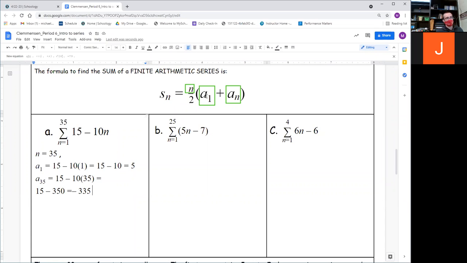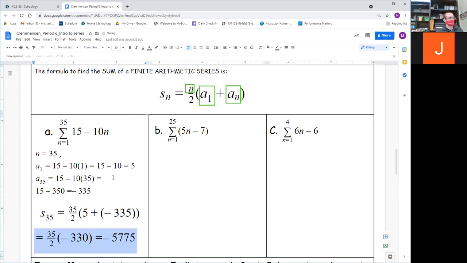So now I have the three pieces I need: my n, my a1, and my a sub n. First term, last term, number of terms. And then I plug them in. Use a calculator to simplify, all that good stuff.